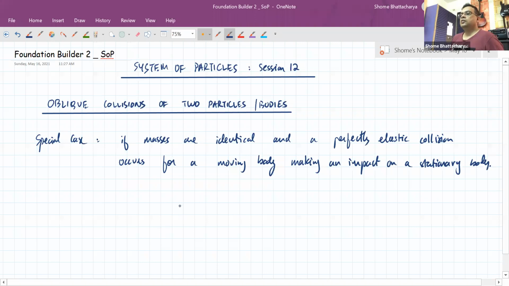Then let's see the important result that we'll get. So first, let's visualize this collision.